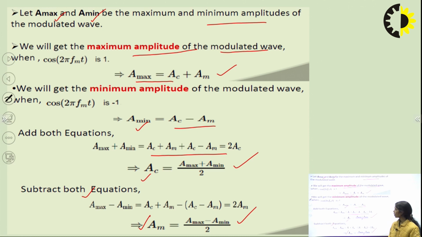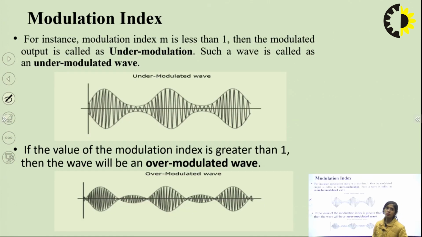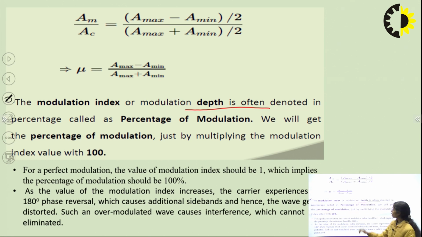So now the modulation index can be obtained by putting these values in the formula: Am equals Amax minus Amin divided by 2 and Ac equals Amax plus Amin divided by 2. So the modulation index obtained here is Amax minus Amin divided by Amax plus Amin. This is the other formula for modulation index, which can be obtained from the graphical representation.